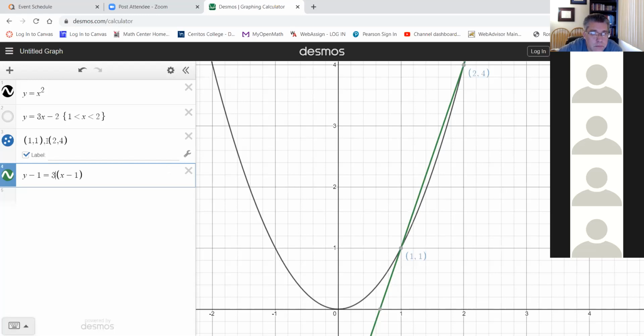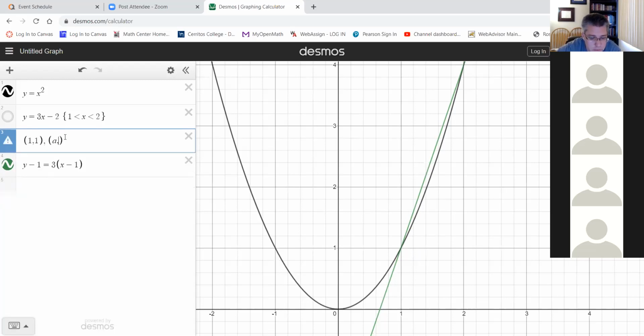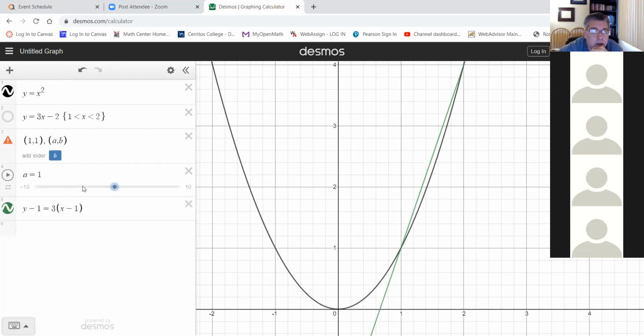I'm going to call this point A, comma, point B. Okay, AB. I'm going to add a slider for A, and I'm going to add a slider for B. Right now they're both at 1, so they're at 1, 1. The line is going to be the slope.